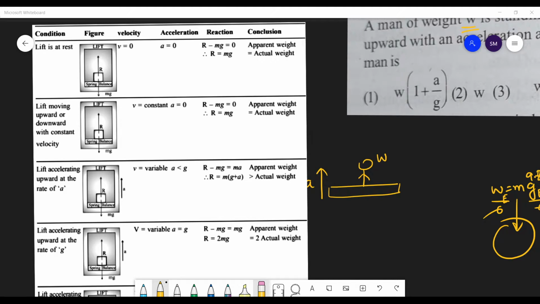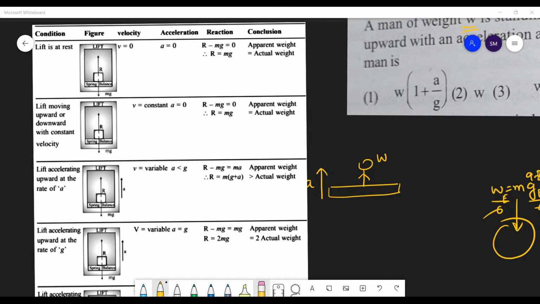So the weight that you feel of the stone in water is actually the apparent weight, because there is an upward force also acting on it. So that's not the real weight. Yes, students, got it? Yes, sir.